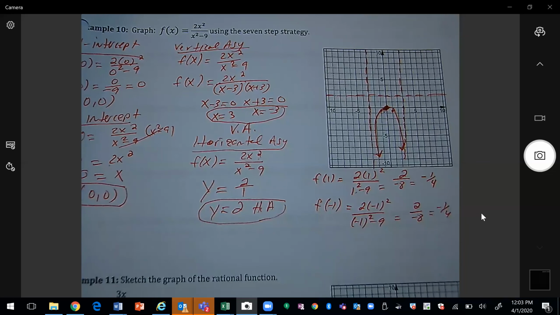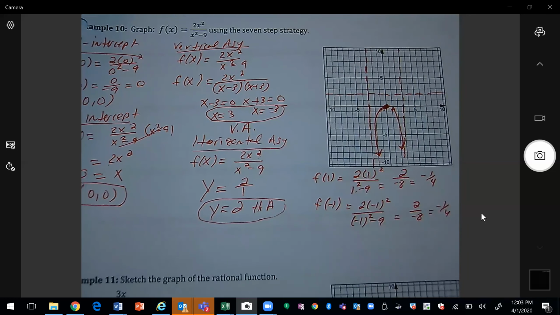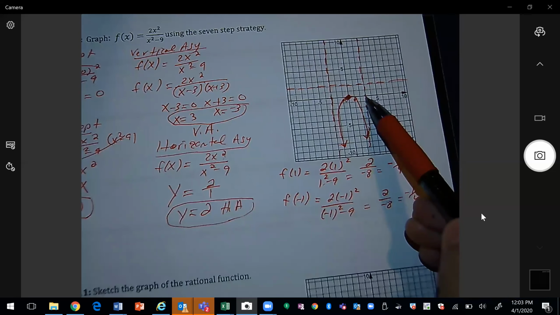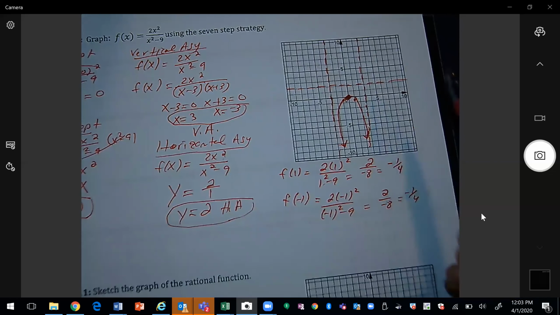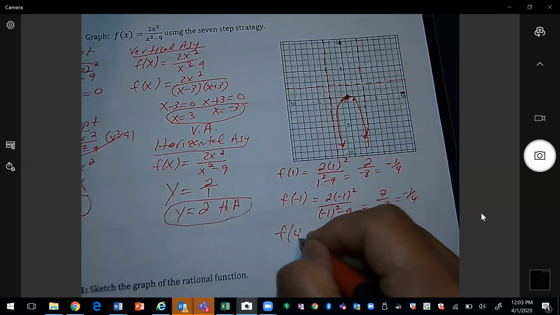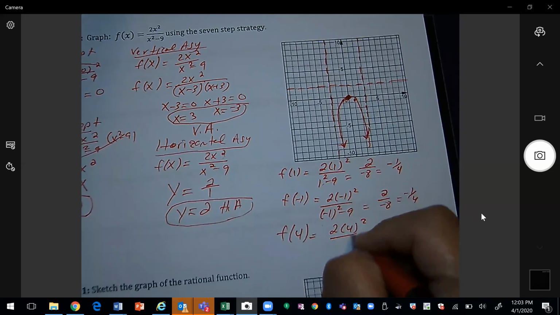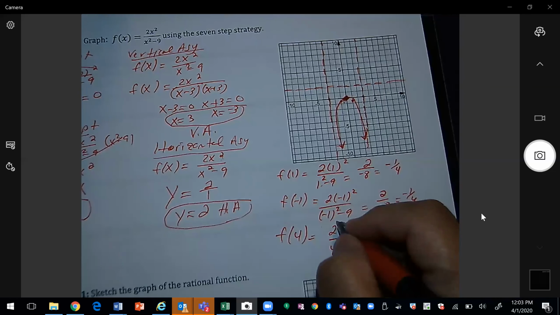But now we need to figure out what's happening on this side and what's happening on this side. So we can choose some more points. The vertical asymptote here was 3. So we can choose, for example, 4. So let's look at f of 4. 4 squared is 16 times 2.